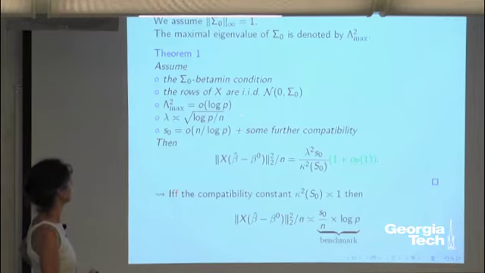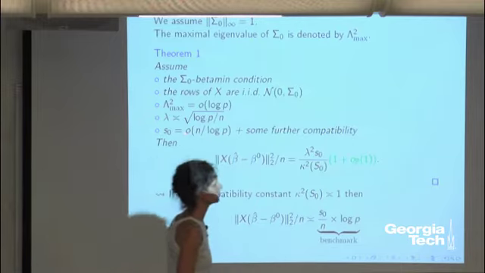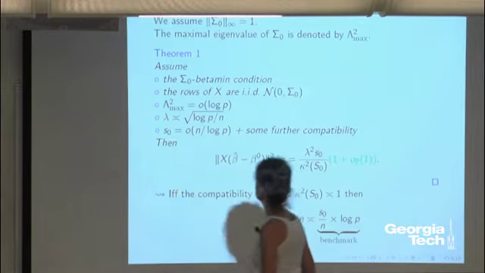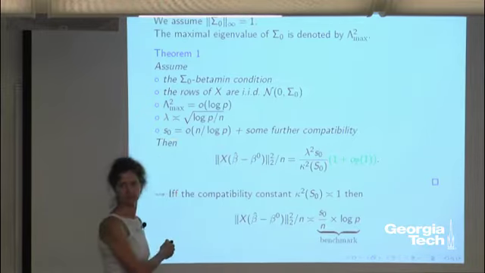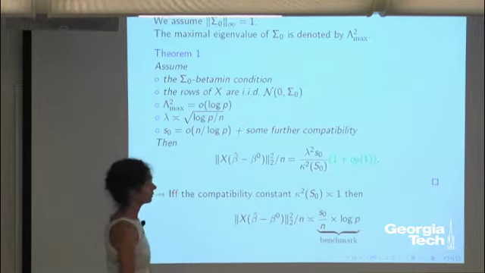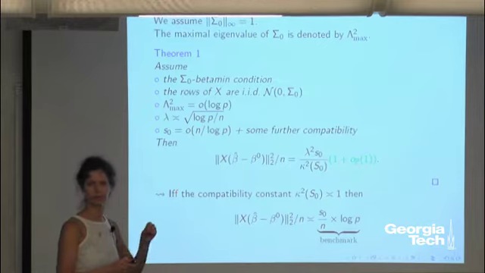Then the usual value of the tuning parameter, and the usual assumption on the sparsity, and that's usual because if you look at this, you want it to go to 0. So lambda squared, that's log p over n, times s0, you want it to go to 0. So that's what I'm assuming here. You want some kind of convergence. And there are some little technical conditions here, also if s0 is a little bit larger.